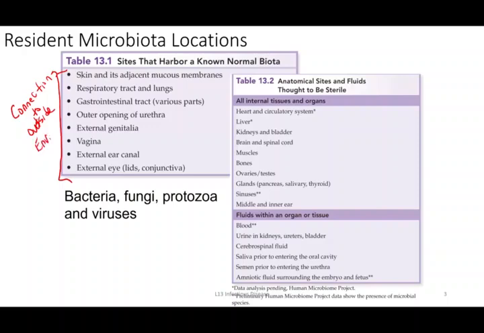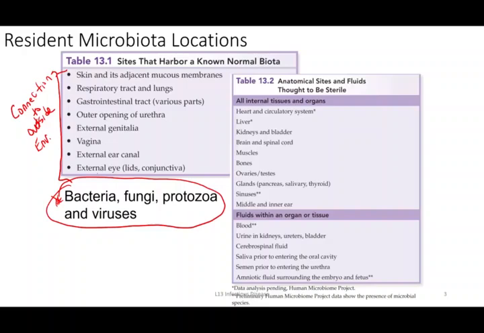And so obviously the skin being outwardly facing, and all those mucous membranes, so whether that's the oral or the nasal cavity, the respiratory tract, the gastrointestinal tract, parts of the reproductive and the urinary tract, etc. And when we talk about microbiome, it really encompasses all of the different microbiology groups. And so we tend to focus mostly on bacteria, but there's fungal species, there's protozoans that are present, and there are definitely viruses.